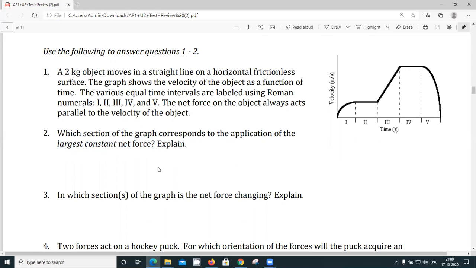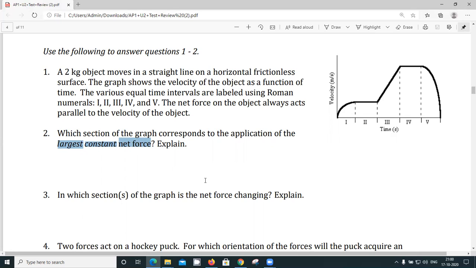Okay. So how is force information in this graph? A constant velocity. No, no. The slope of the graph is acceleration, right? How is acceleration related? F net equals ma. Okay. So a equals F net divided by mass.